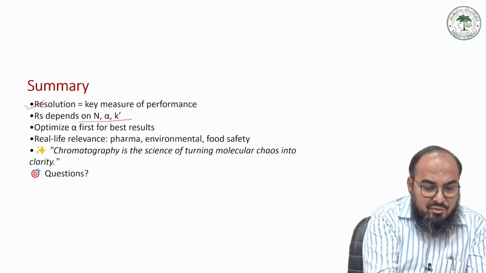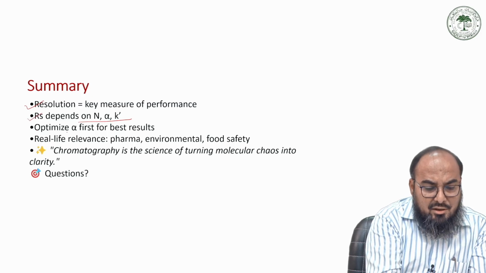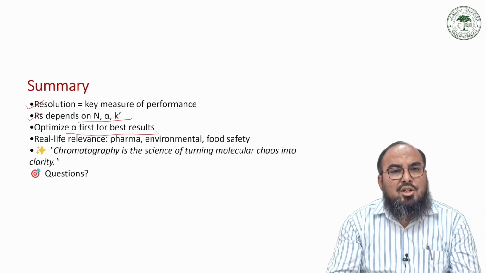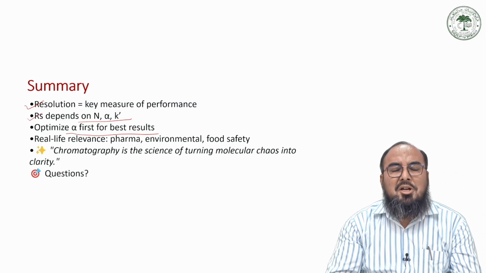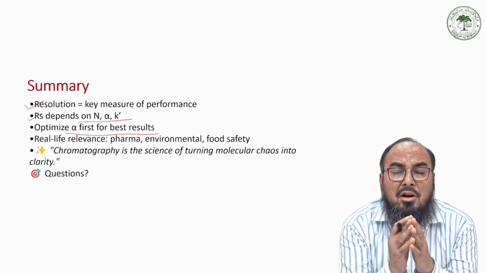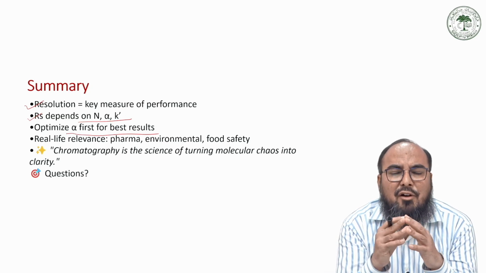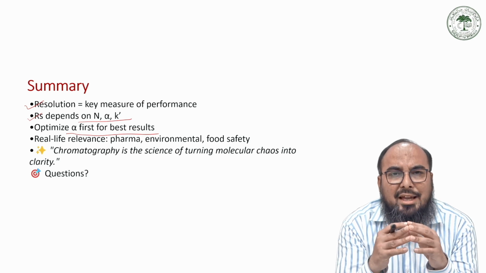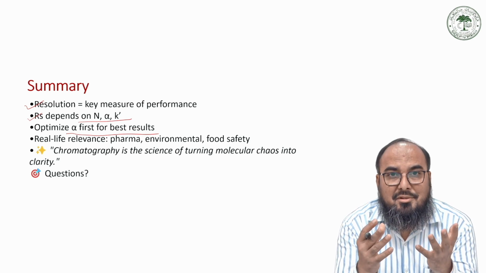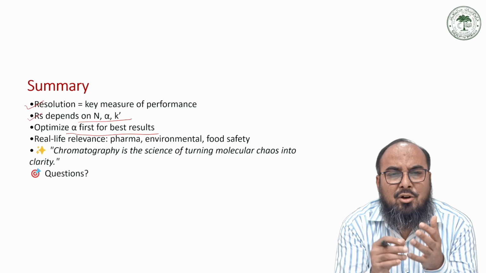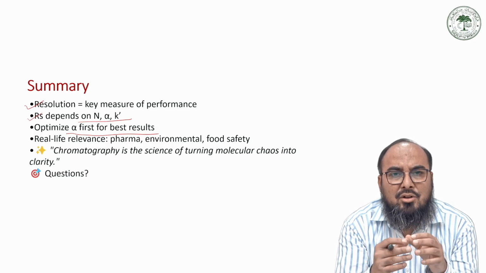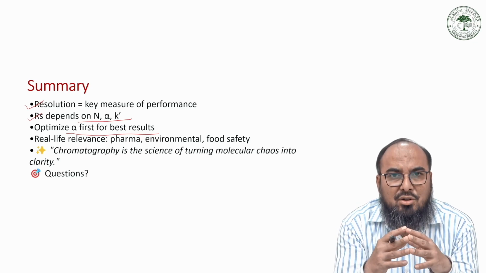We have also discussed that initially you have to optimize alpha, because alpha has the greatest effect on resolution. A simple change of a factor of 0.4 actually doubles your resolution, while the other factors, n or k dash, are not so dominant with regard to resolution.